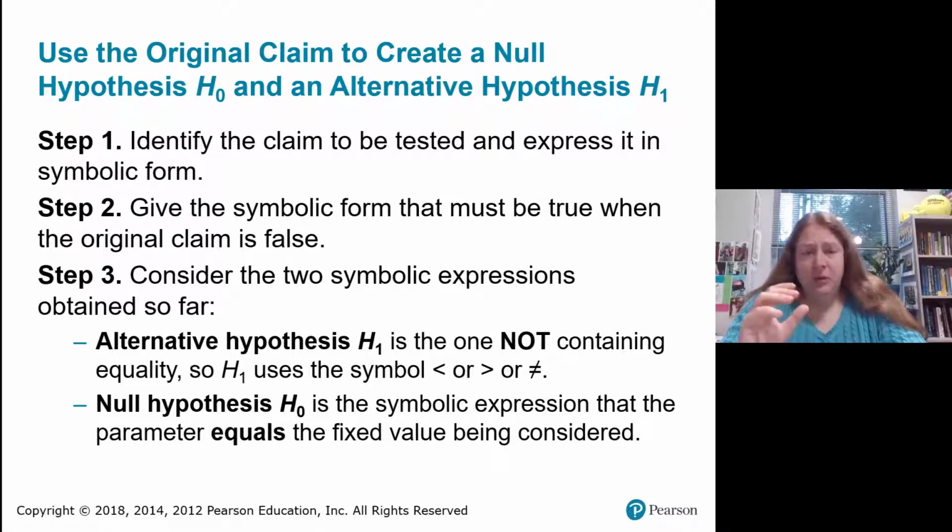So we're at step 3 here. So we want to consider these things. Remember, our null hypothesis has to be that the symbol expresses the parameter equals some fixed value, and the alternative hypothesis can be less than, greater than, or not equal to that same value. So it's one that doesn't claim an equality.